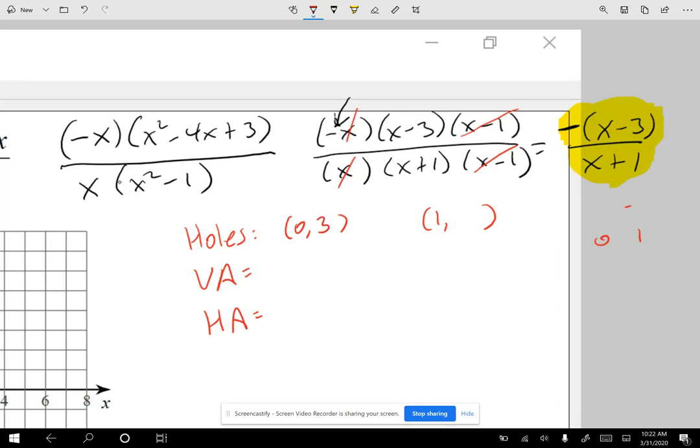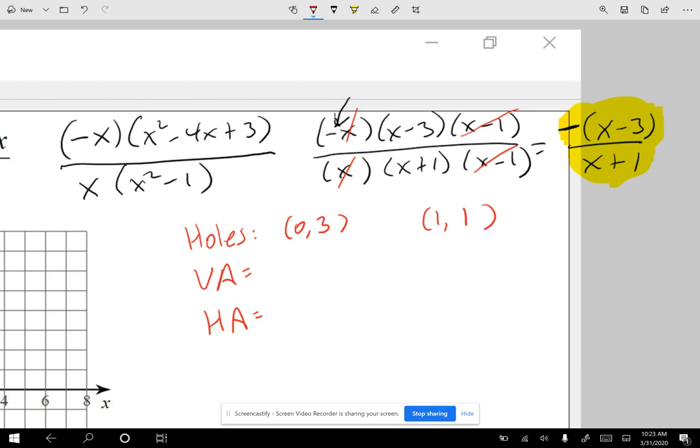Then I said, well, what if x equals 1? Once again, I'm using the remaining expression, so I have a negative sign. If x equals 1, I have 1 minus 3 over 1 plus 1. And I end up finding that y is equal to 1. Okay, so that gives me two holes.